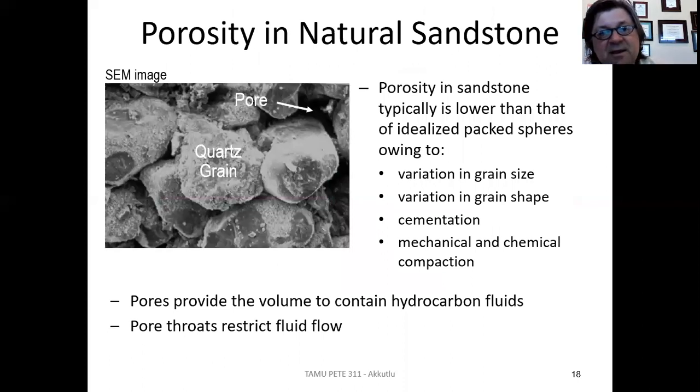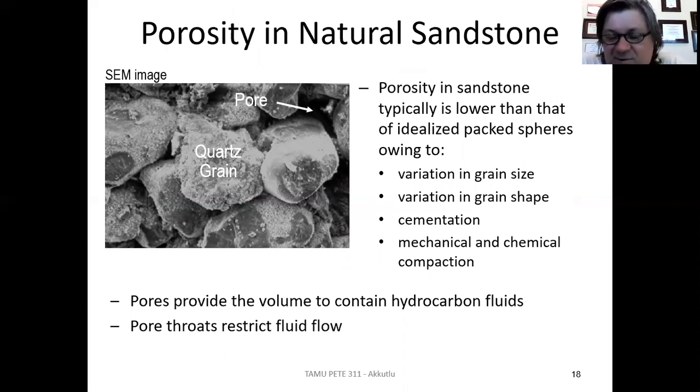Here is a real picture of a pore space. This is a sandstone, meaning that each particle you see here, each grain you see here, is a quartz, right? It's very much like beach sands, but now they get consolidated and became a rock, basically. So this is more like an arrangement for us, okay?